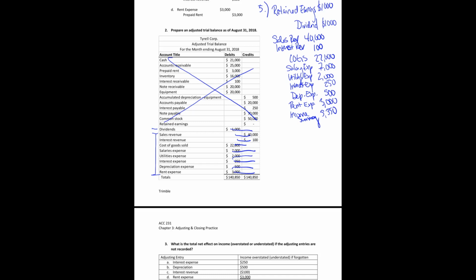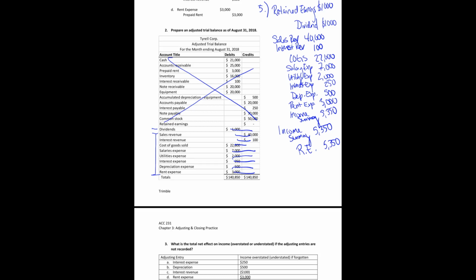I close my net income into income summary, so it currently has a credit balance. To close income summary, I would need to debit income summary for $5,350, and I will close it into retained earnings, which is an equity account, normal credit balance. So by crediting it, I'm increasing equity or closing all of our earnings that period into equity.